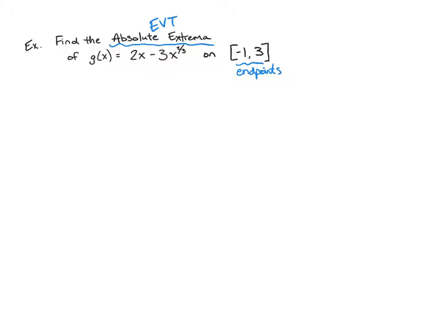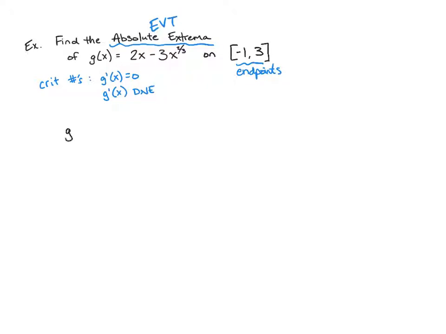The critical numbers of G are where G prime either equals 0 or where G prime does not exist. So let's start by finding G prime so we can see the critical points.